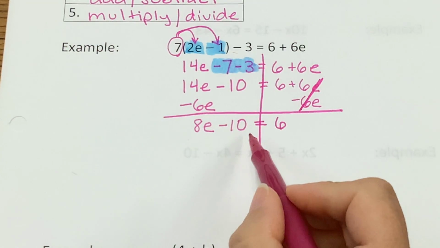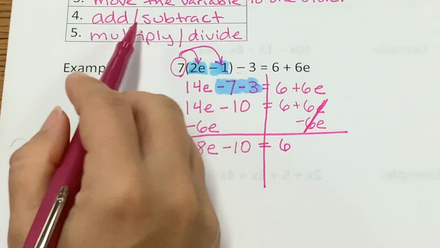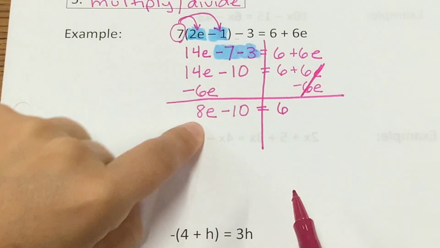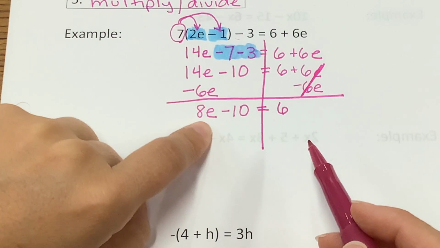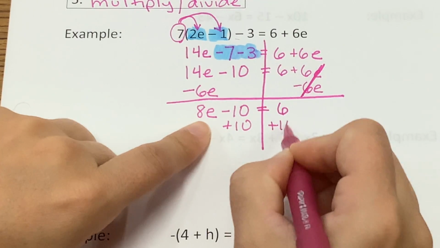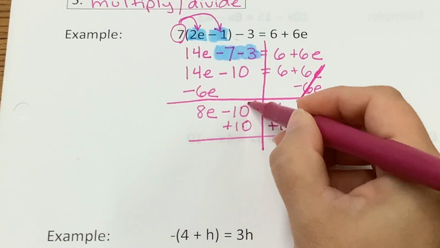Okay, now at this point we're at a two-step equation. We are going to check to see what we need to add or subtract from the variable. So here's the variable side. What do I need to do here to make it alone? Add 10. Make sure that whatever you do to one side, you do to the other. Opposites cancel.